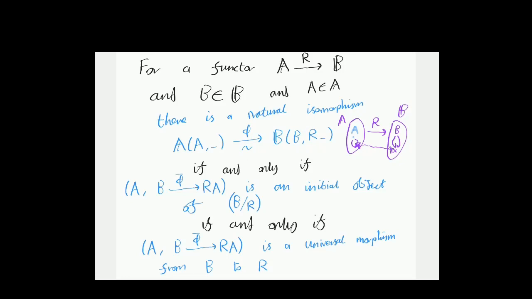Okay, so we're going to suppose that we've got this natural isomorphism phi from this hom functor scripty A of A comma blank. So it turns out that this condition here is basically equivalent to having a universal morphism in general. Okay, so this is a very powerful idea.